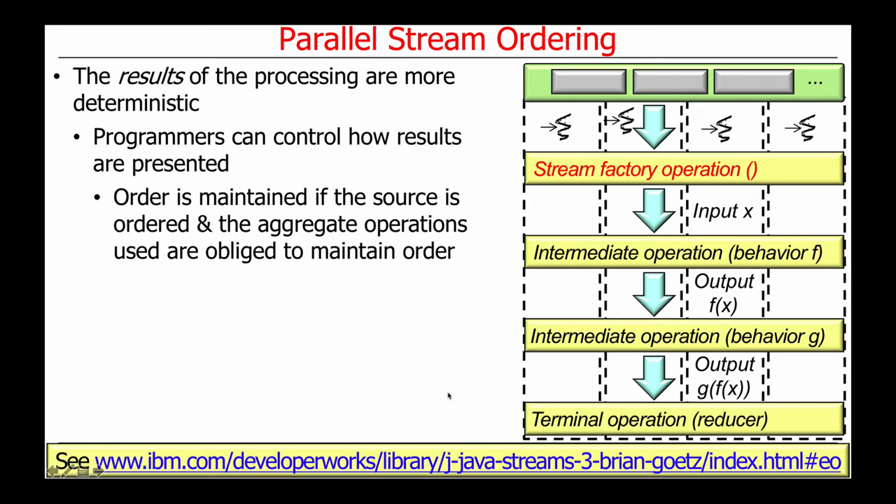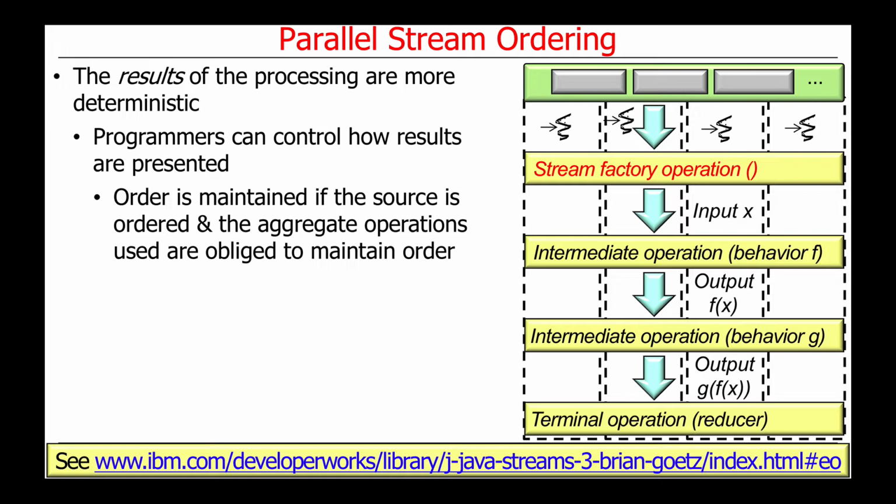If you want to get another take on this, take a look at the link here by Brian Goetz, where he talks about encounter order. So remember, we've been talking before about encounter order, and I mentioned with things like an array list, for example, the data comes in a particular order. So let's assume, for sake of argument, that we've got the works of Shakespeare, and let's say that we are going to read them in alphabetical order. So, As You Like It comes before Hamlet, comes before Julius Caesar, comes before Macbeth, right? Let's just assume they're alphabetically ordered.